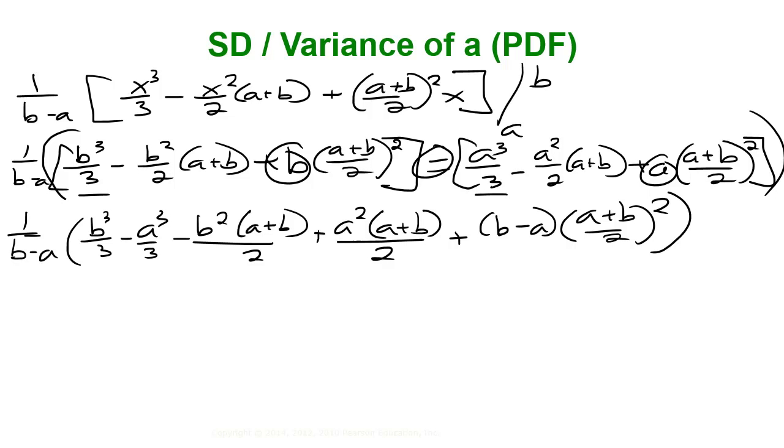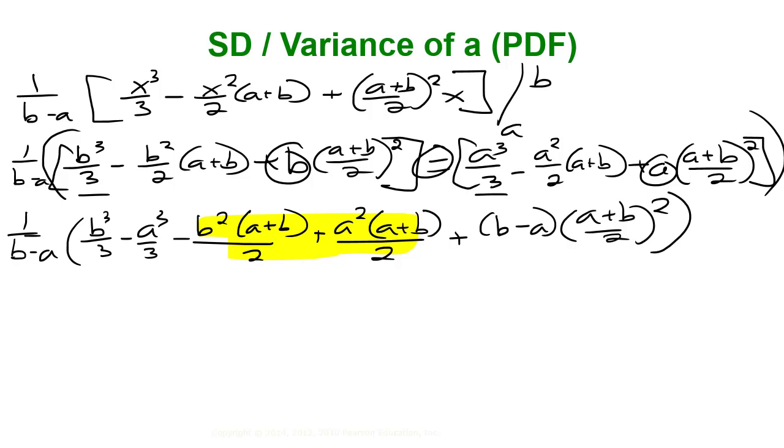Now, we've got some fractions in here. We could also combine this piece and just make it b squared and a squared together. And then we've got a fraction of 3, a fraction of 2, a fraction of nothing.